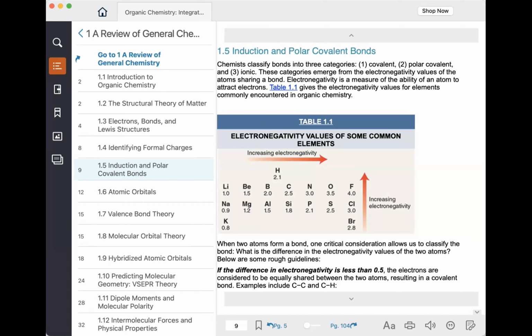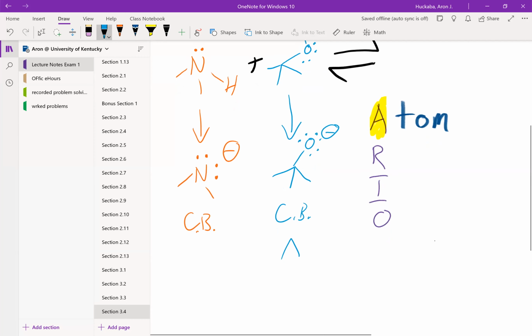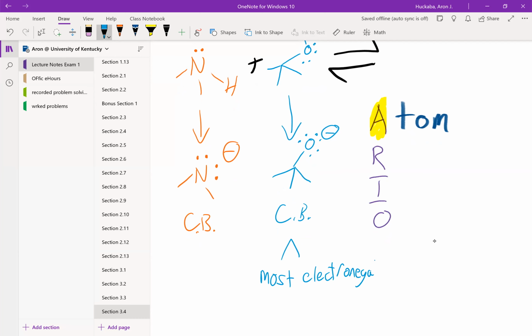So switching back over to look at our structures again, if oxygen is the most electronegative, that means the conjugate base is the most stable. And the most stable conjugate base means that you have the strongest acid present.